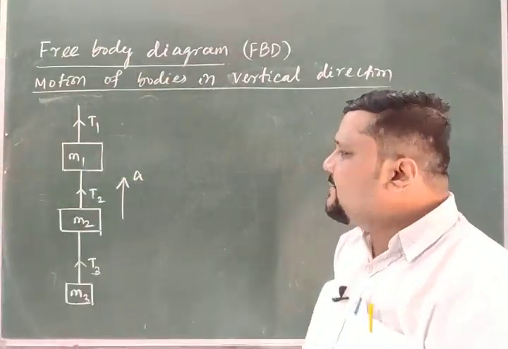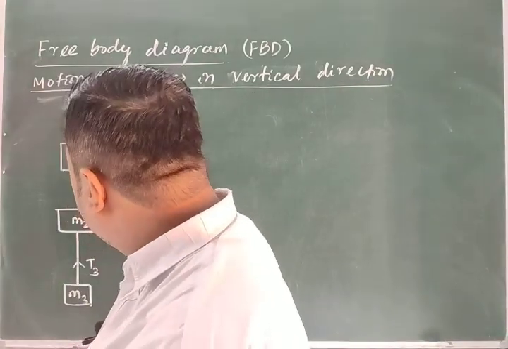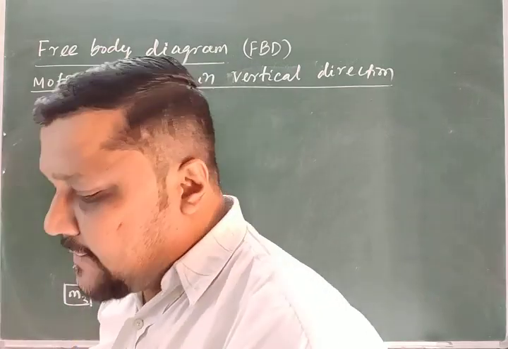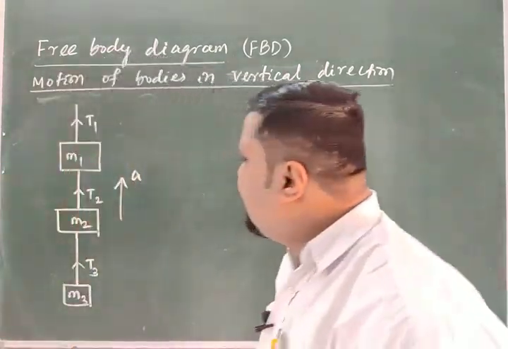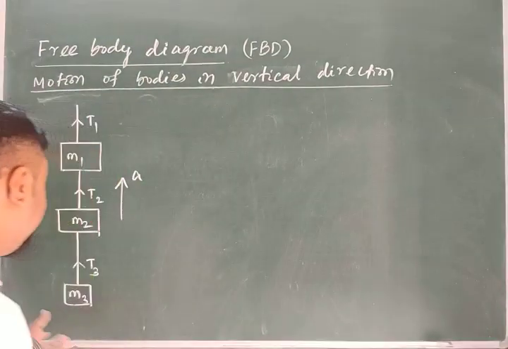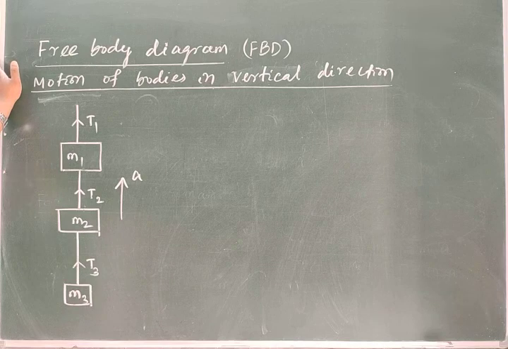Here we will find the acceleration and the factors like your tension T1, T2 and T3. To get these expressions, the weight factor comes in because there is a vertical motion. So vertical motion means the weight factor comes into play.